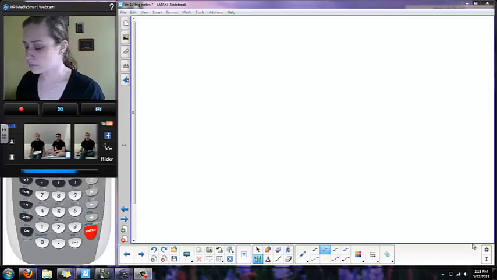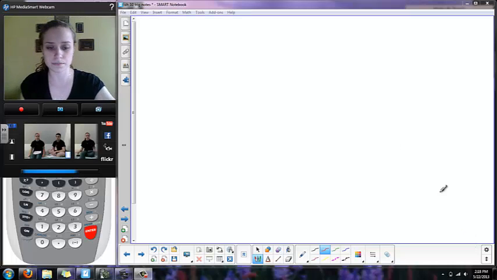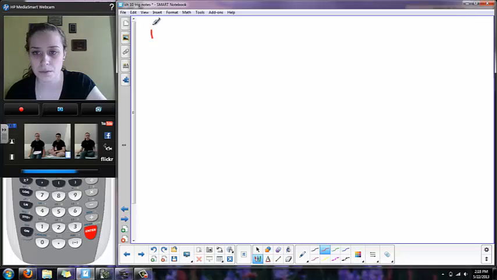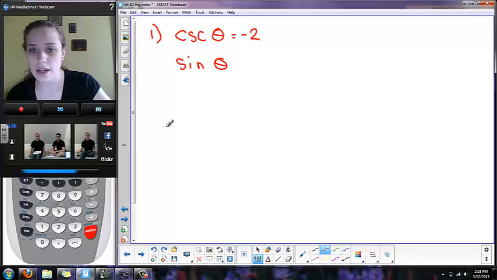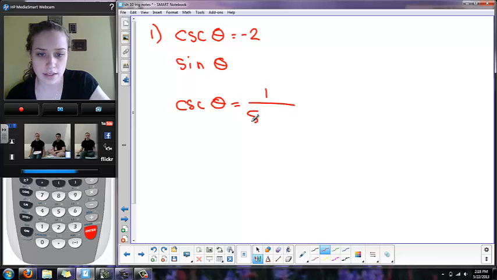So, alright, number 1. Number 1 says, if cosecant theta is equal to -2, then we have to find what the value of sine theta is equal to. Okay, now we know that cosecant is actually 1 over sine theta.